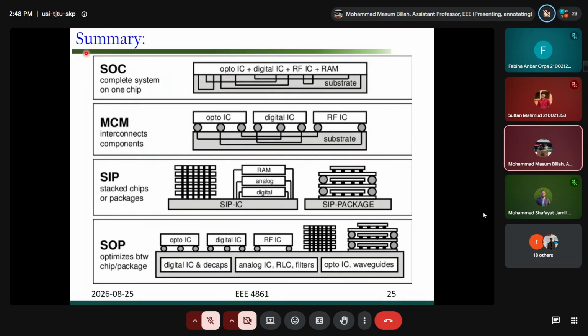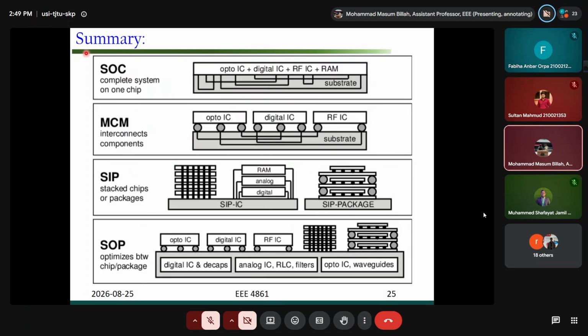So here you can see there are so many modules, and modules are on top of a single substrate, but the substrate and those modules or ICs are connected using some ball grid array. So eventually you can have the same application of optoelectronic IC or digital IC or RFIC. However, the connections between the modules and the substrate use ball grid. So that kind of technology is called MCM.